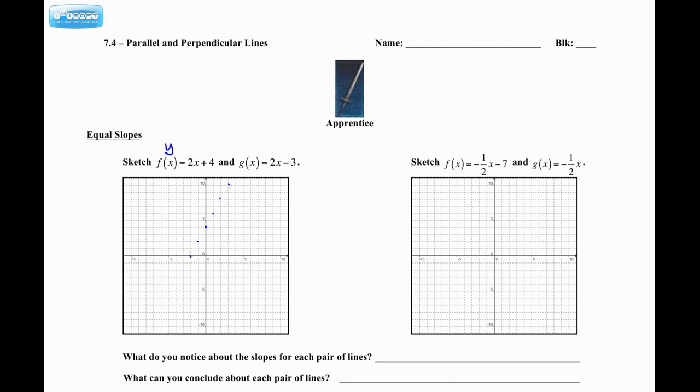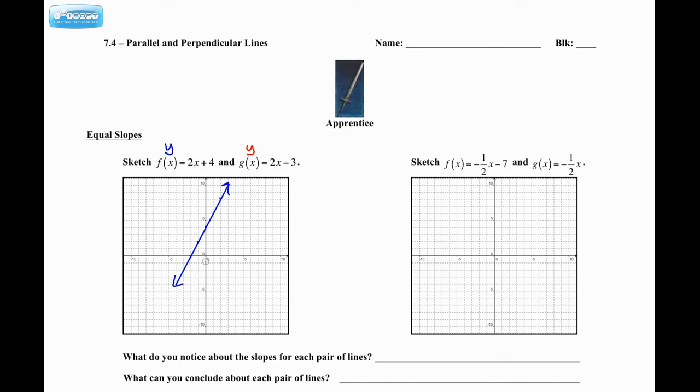Okay, and I will plot my line, like so. There we go. So now we want to plot g of x, and again, g just means y. The slope is also 2, but we have a different y-intercept.